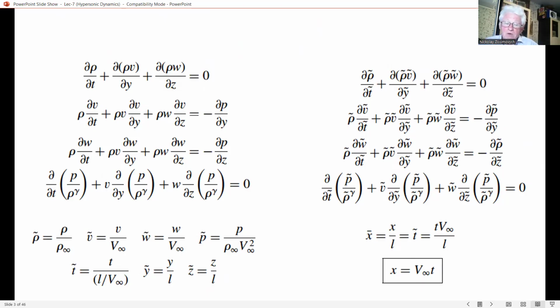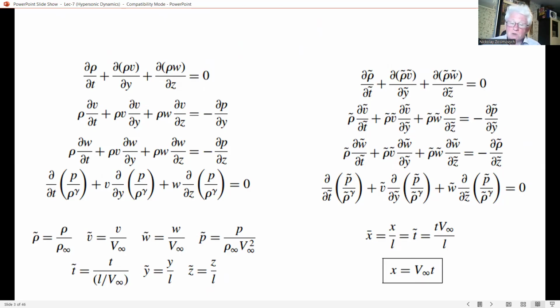However, because the sets of equations for these two cases are identical, there obviously is an equivalence between these two types of flow. This is the mathematical justification for the hypersonic equivalence principle.